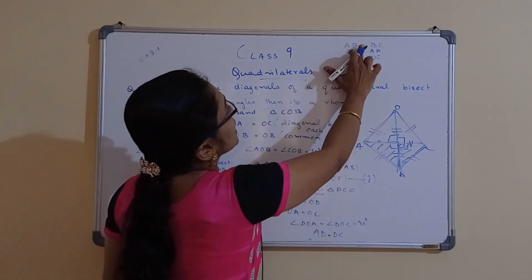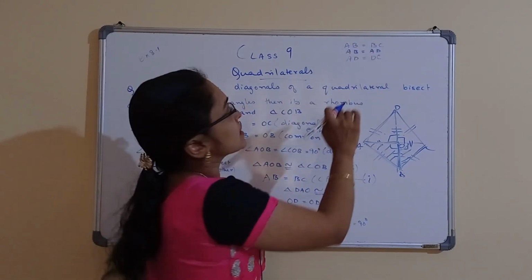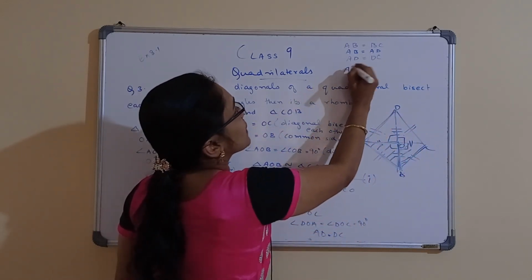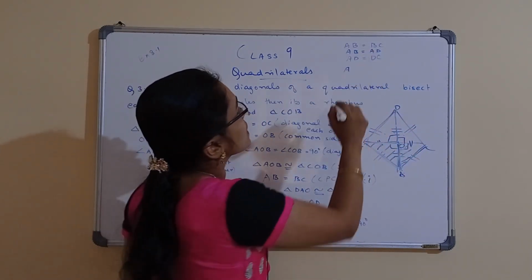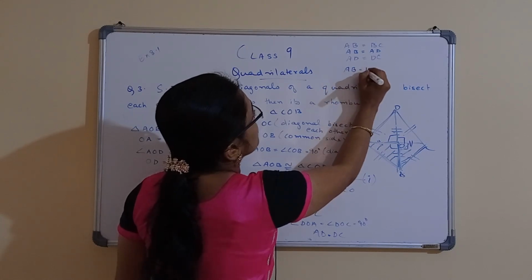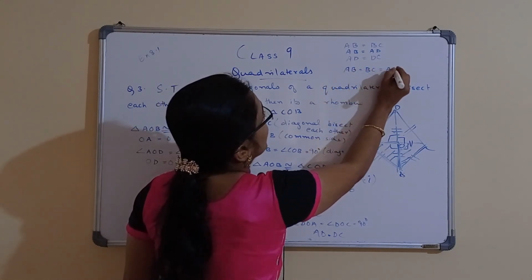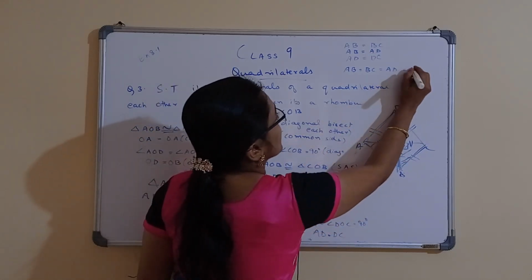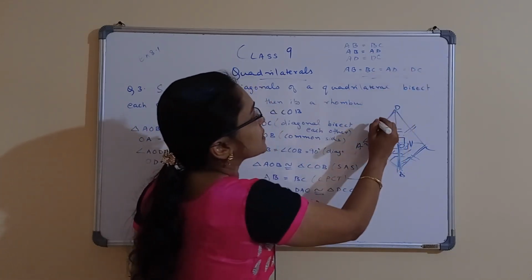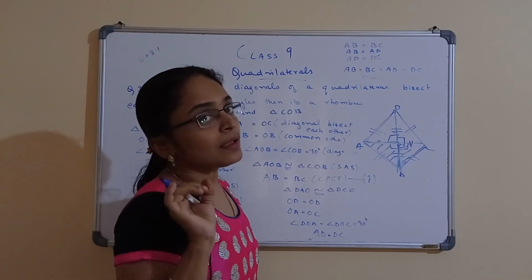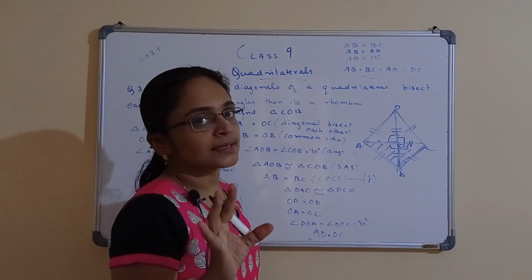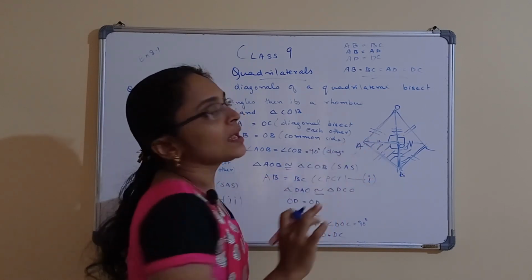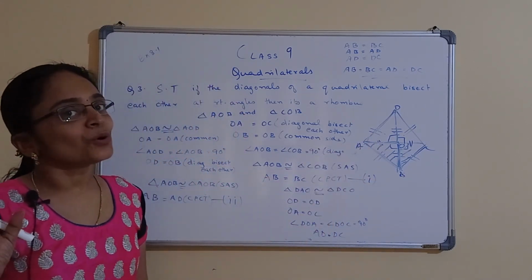So AB is equal to BC and AB is equal to AD, which means BC and AD are also equal. So AB is equal to BC is equal to AD, and AD is equal to DC also. So we can say that all these sides are equal, which means this is a rhombus. In a rhombus, all the sides are equal. So we have proved that this is a rhombus. Understood?